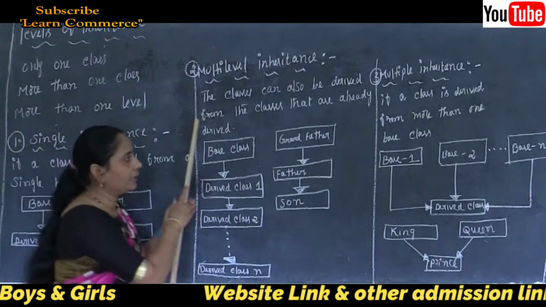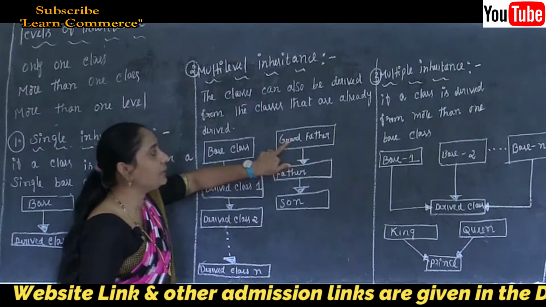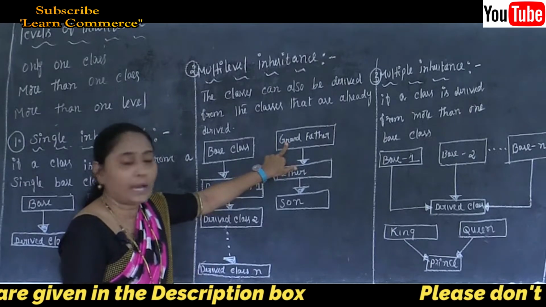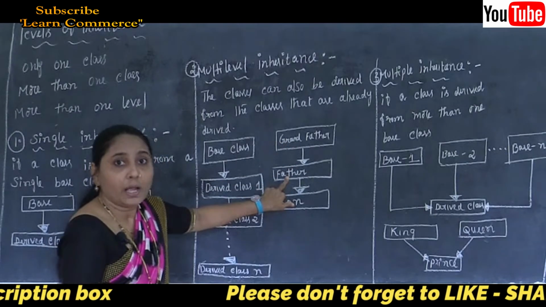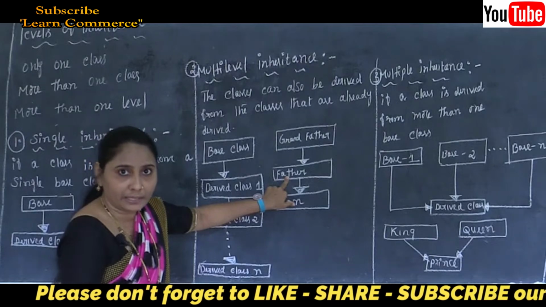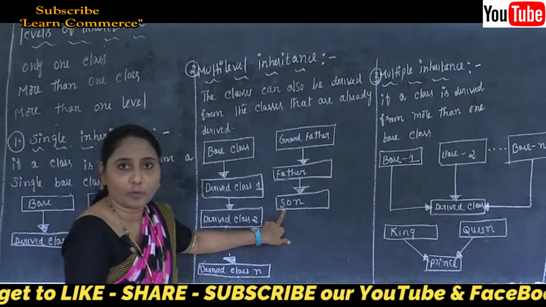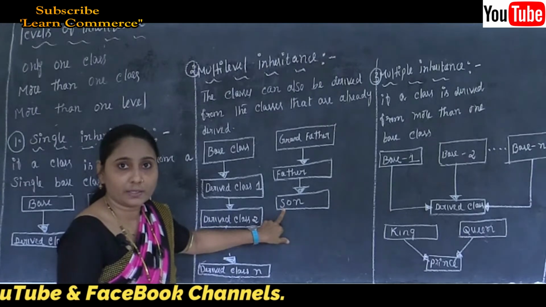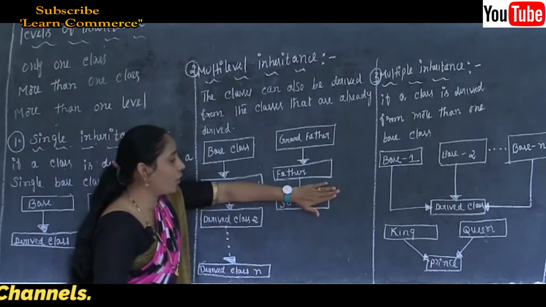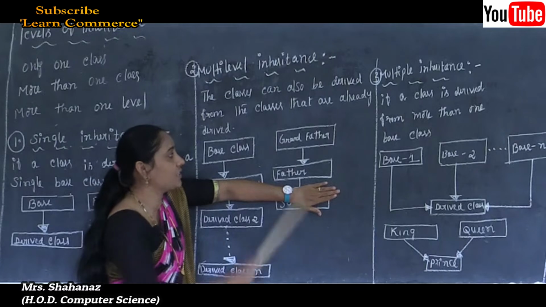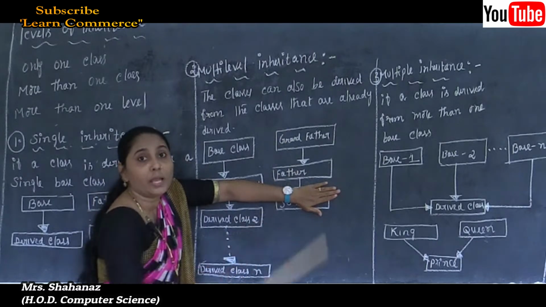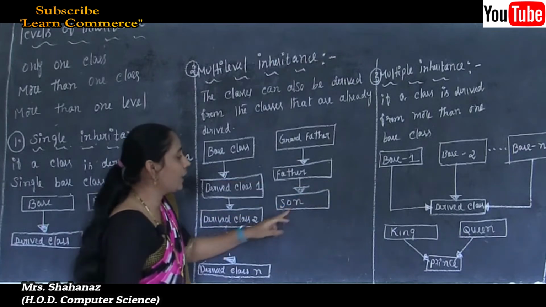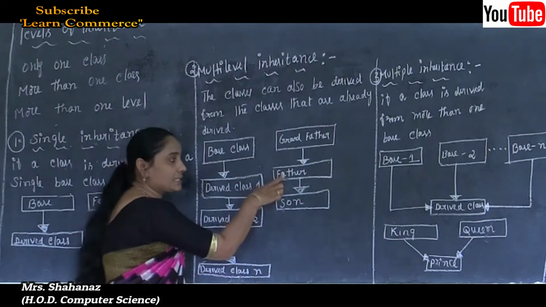Next, the example: grandfather is the base class and the derived class is father, and using the father derived class we construct one more derived class, called son. Clear? If you are not using the son, it is an example of single inheritance, but in a case where you are using it, this is the derived class.